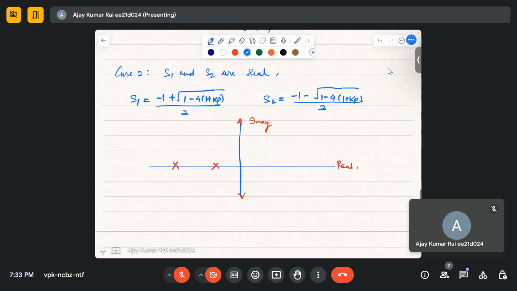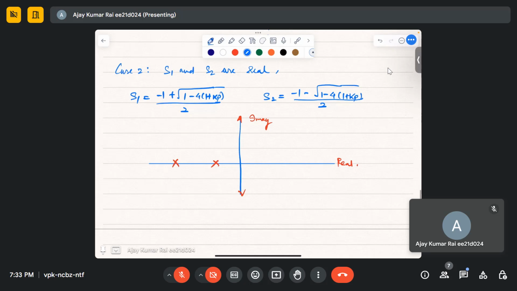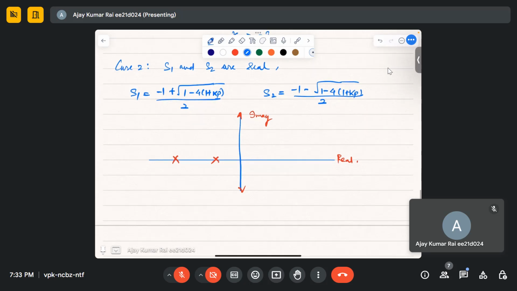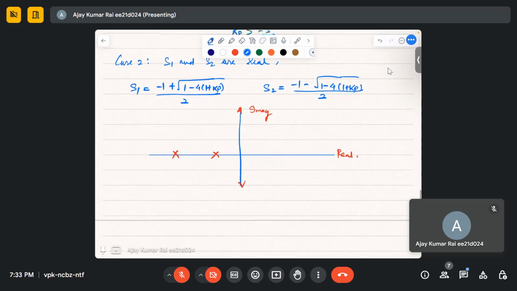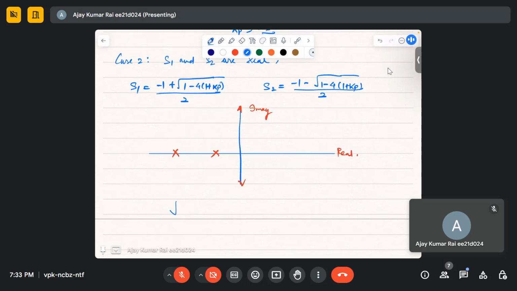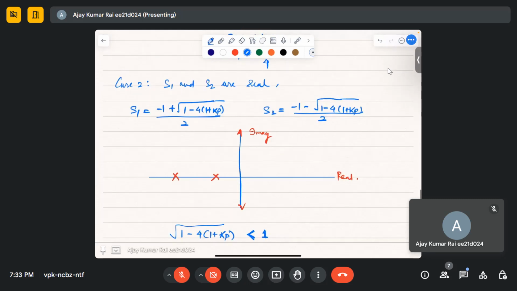Just see. So 1 minus 4(1 plus Kp) under the root should be less than 1, right? Let's take the magnitude here.